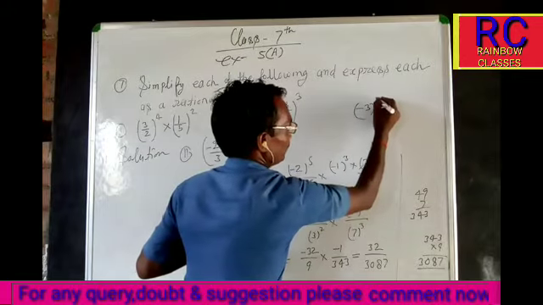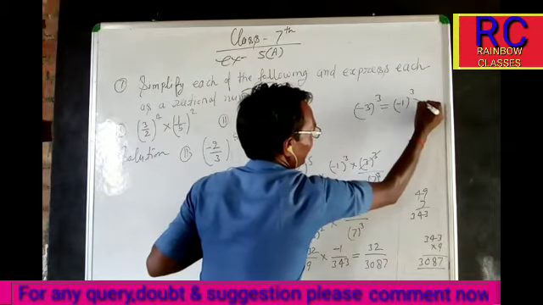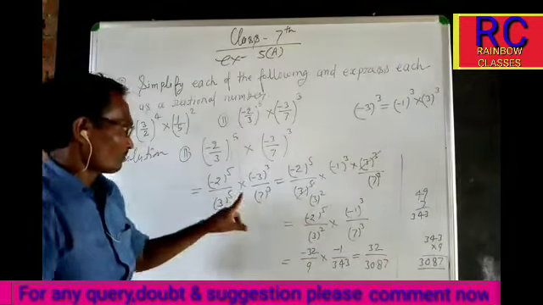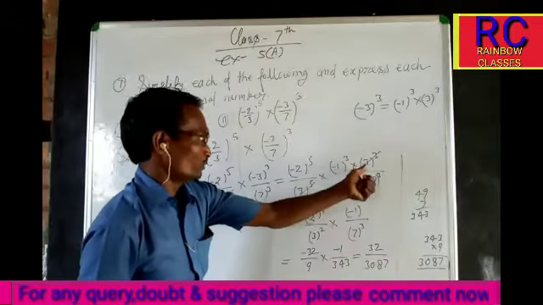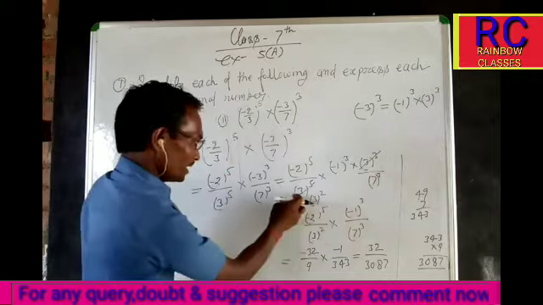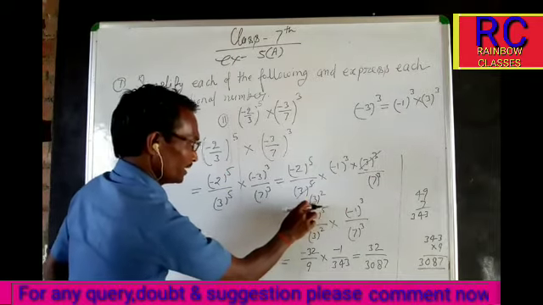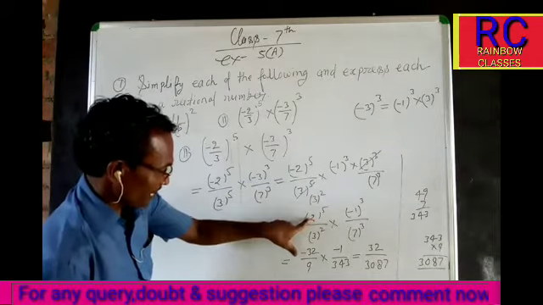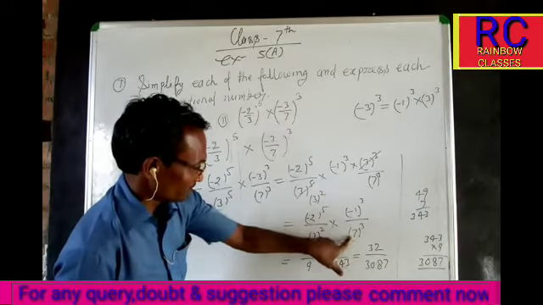Minus 3 to the power 3 is equal to minus 1 cube into 3 cube by 7 cube. 3 to the power 3 gets cut, and the quotient is 3 squared. So minus 2 to the power 5 by 3 squared into minus 1 cube by 7 cube.